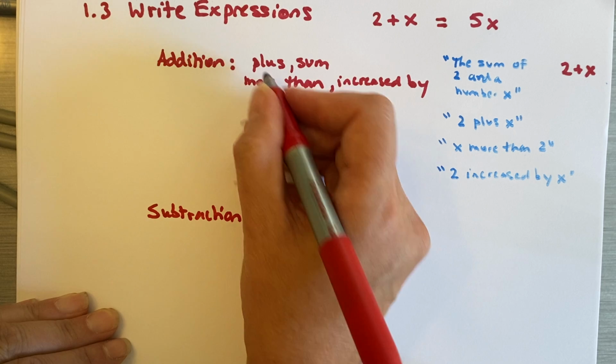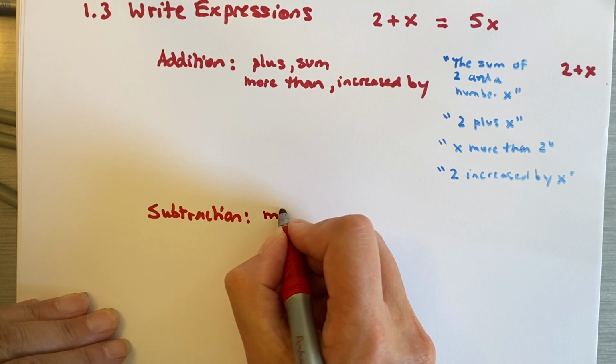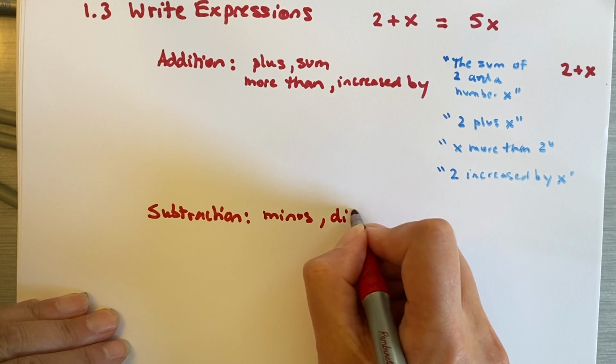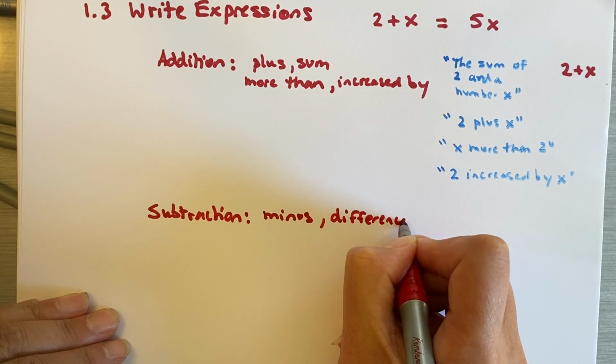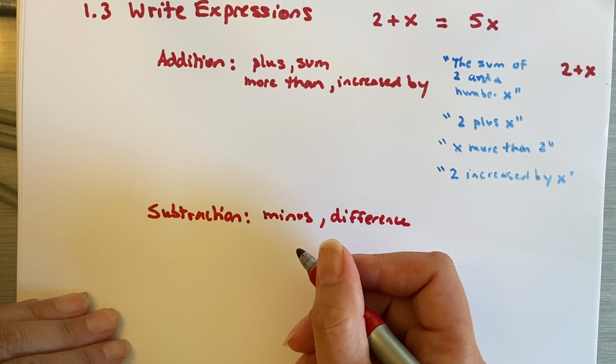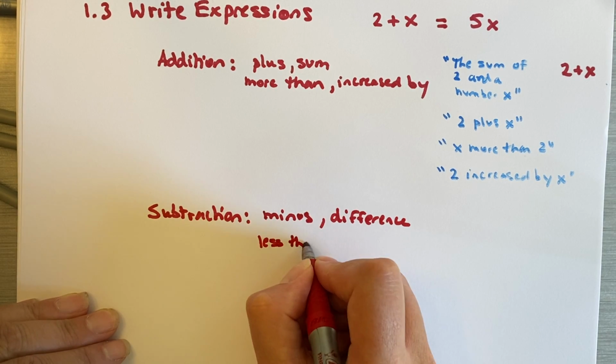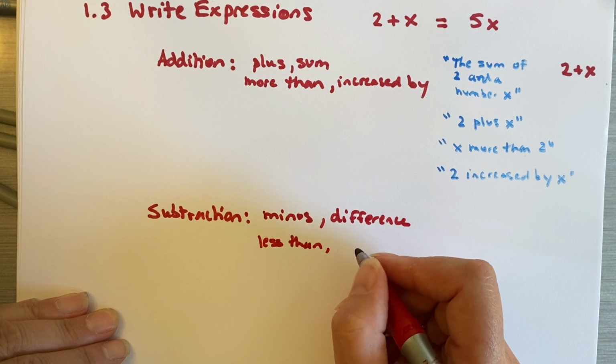Subtraction words. What is the equivalent of plus? Minus. The equivalent of sum? The difference. Less than instead of more than. Decreased by.